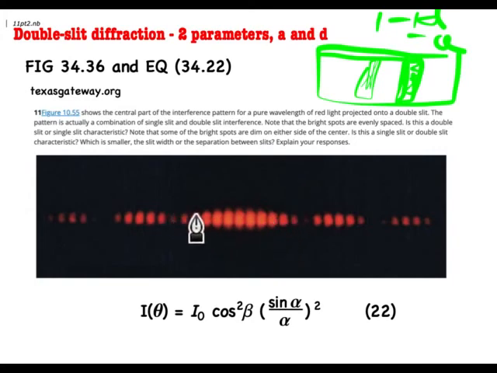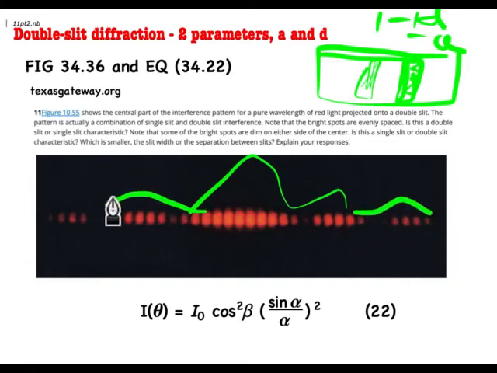And you also have a double slit interference pattern, a diffraction pattern. Actually, the diffraction pattern comes from the single slit.